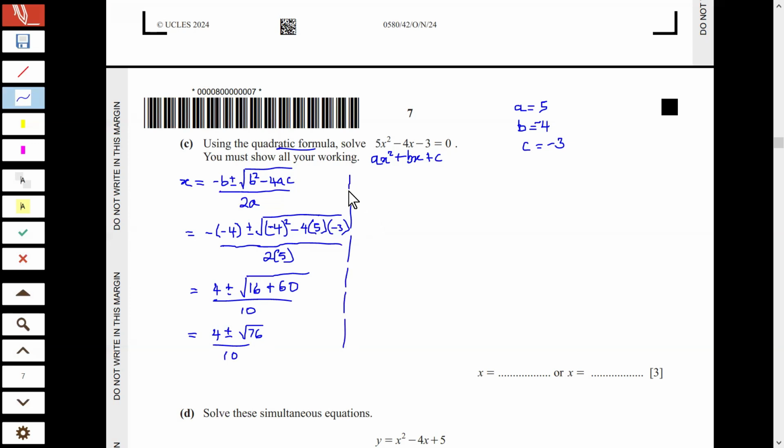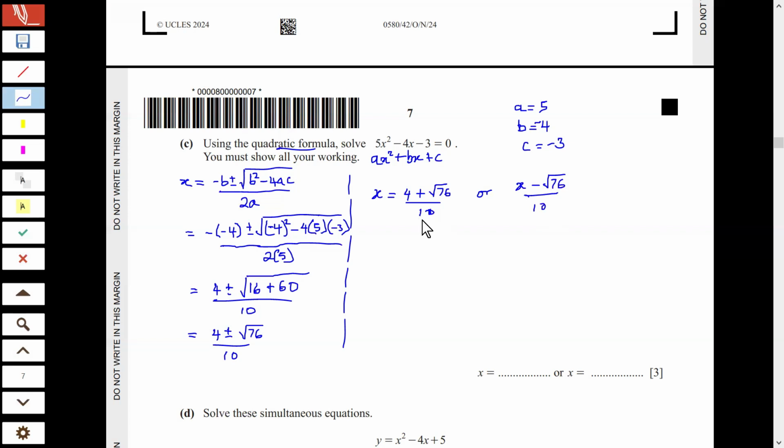So x is equal to 4 plus root 76 over 10, or 4 minus root 76 over 10.